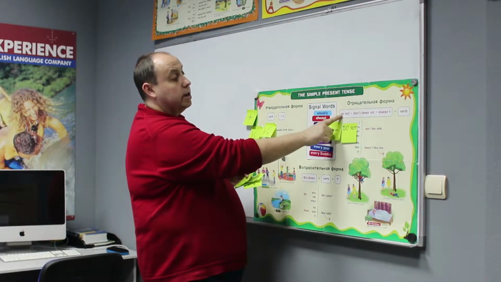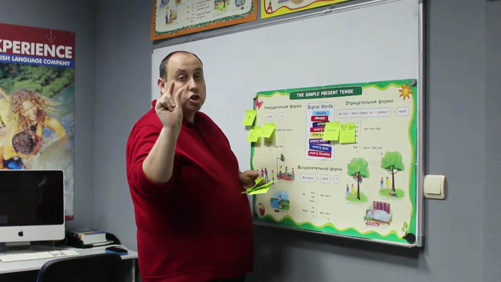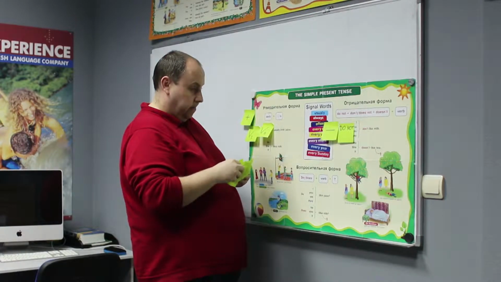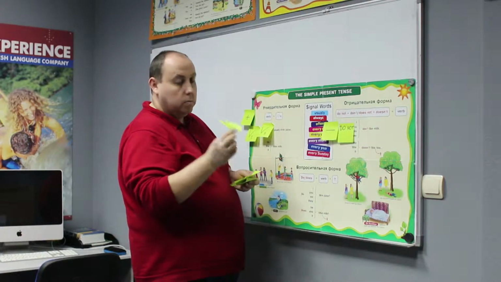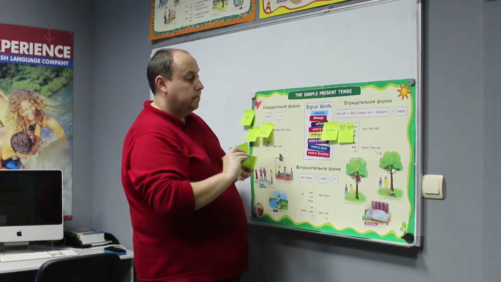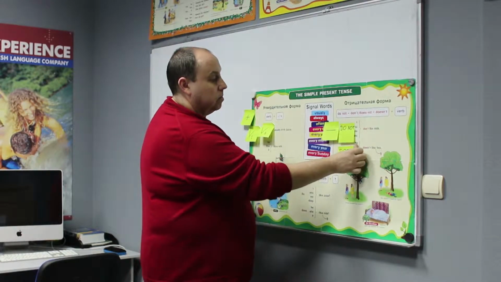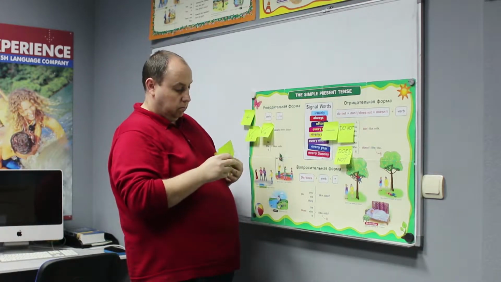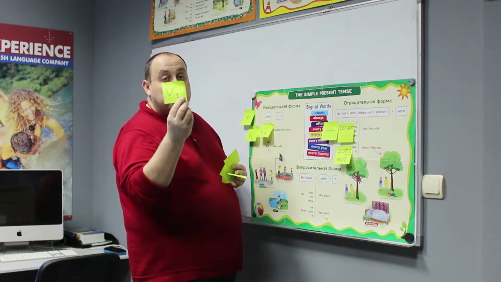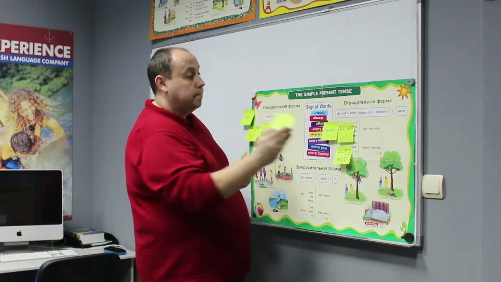Here it is, written here. Do not, or it shortens to don't. For he, she, or it, the helping verb does not, which shortens to doesn't. And then we follow this by the verb in the first form.